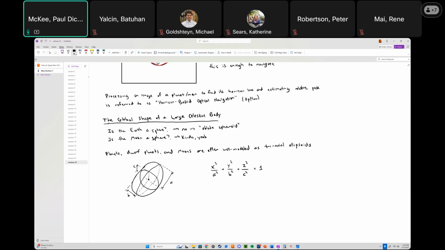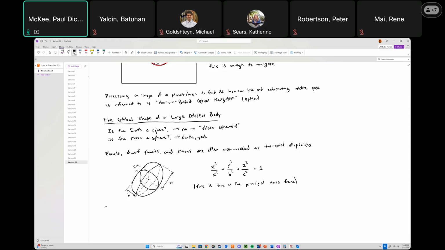Okay. And I should be clear, this is true in the principal axis frame. Right, so we're assuming x is some direction this way, y, and then z, that sort of thing. This is true in the principal axis frame.